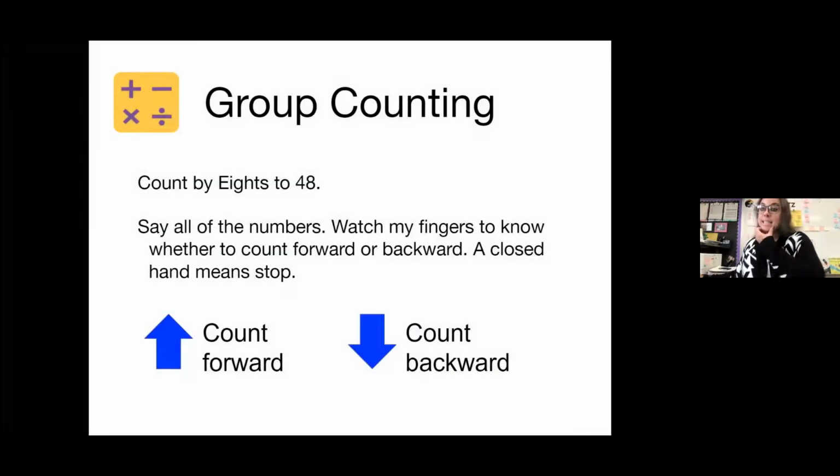Let's count by 8s to 48. 8, 16, 24, 32, and 40, 48. I almost said 56. Okay, let's go down. We're at 48, 40, 32, 24, 16, 8, 0.